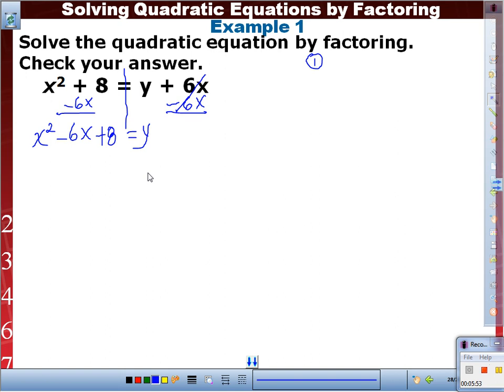Talk it over with your neighbor, see if you remember what are the 2 things that need to be done. All right, Chris, get us started.